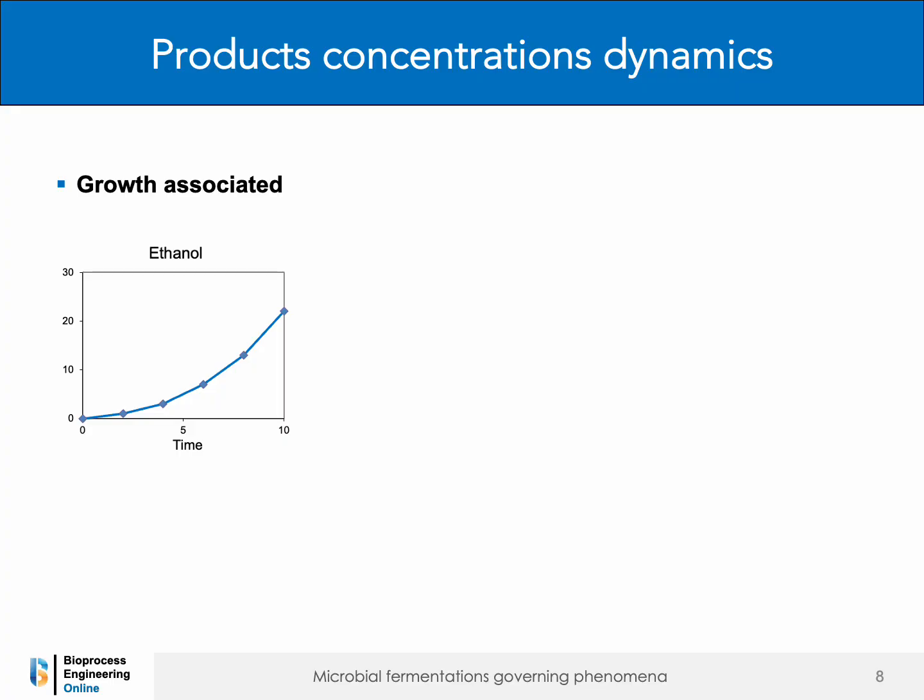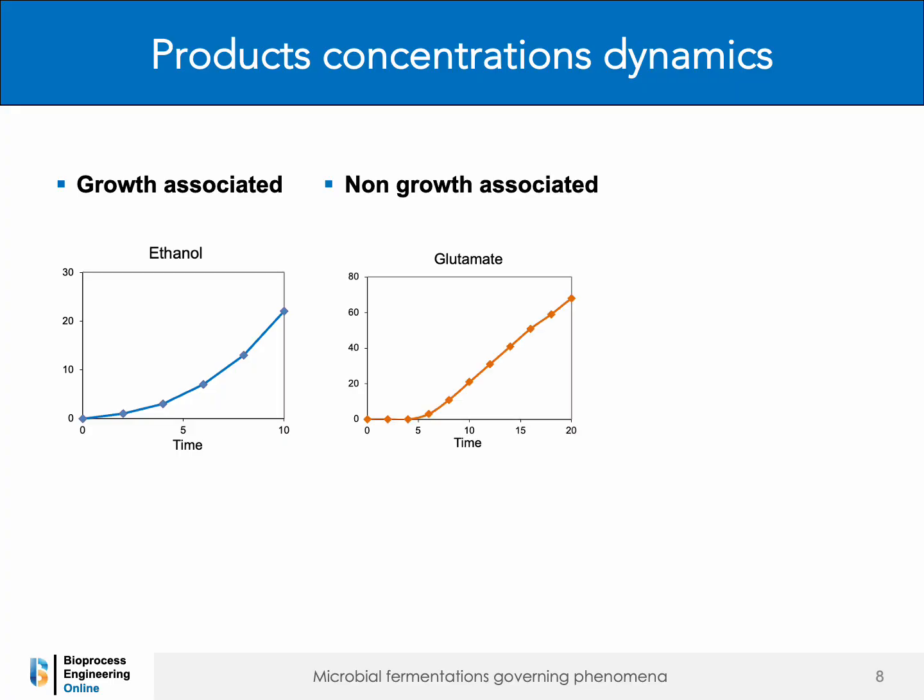Growth-associated metabolites, such as ethanol or lactic acid, are typically produced during the fast growth phase, with their concentrations increasing steadily over time in batch cultures. Non-growth associated metabolites, including amino acids, antibiotics, and, in engineered strains, recombinant proteins, are generally synthesized after the rapid growth phase, often during the stationary phase, when nutrients become limited and growth slows or stops.